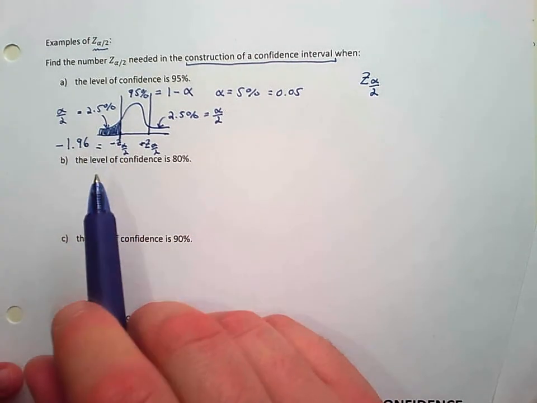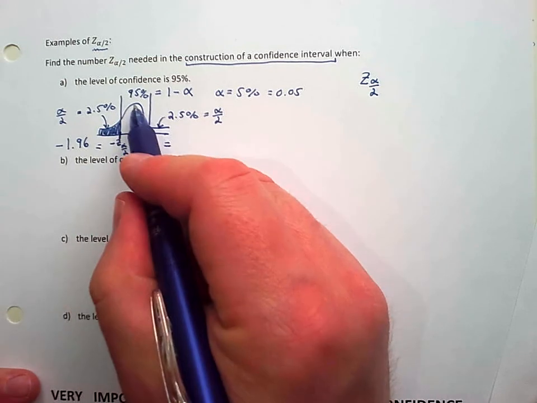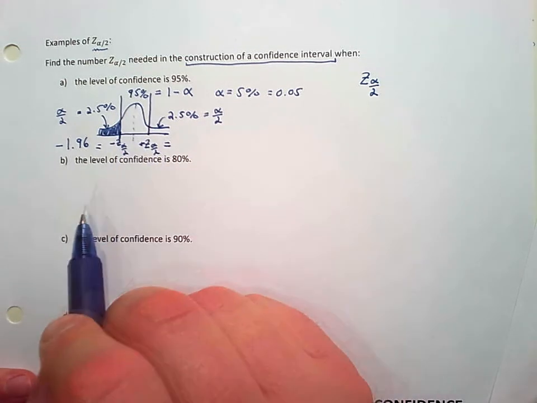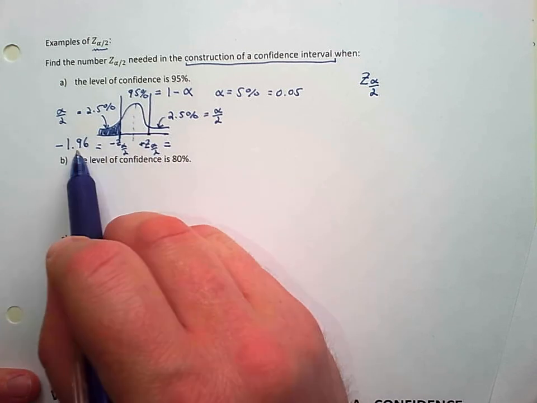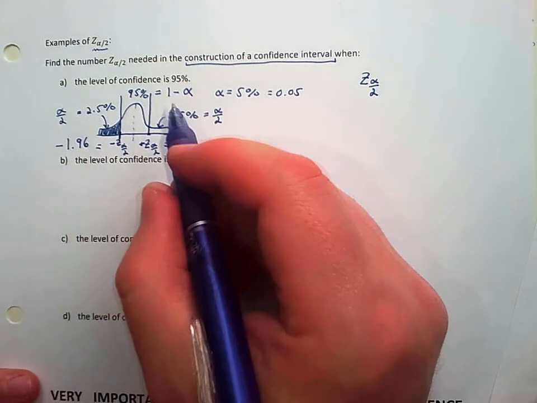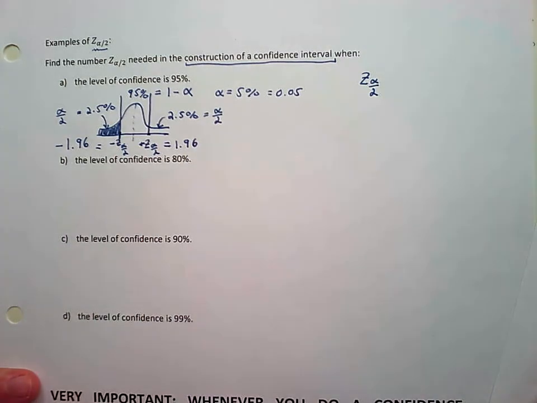Now, I'm hoping that at this point you're comfortable with the fact that since we're equidistant away from the mean for these cutoffs, and if this is a z value of negative 1.96, then this right here should be a z value of positive 1.96.